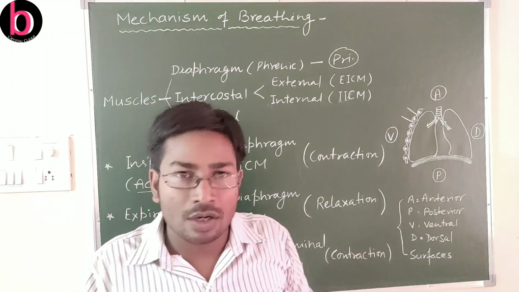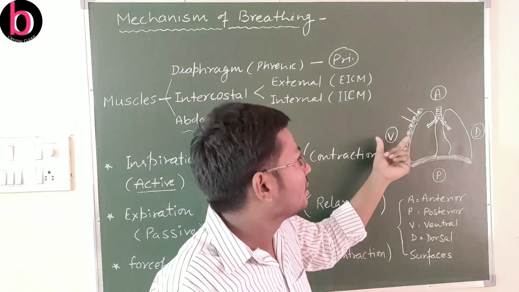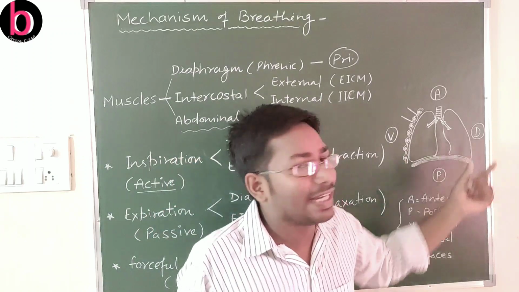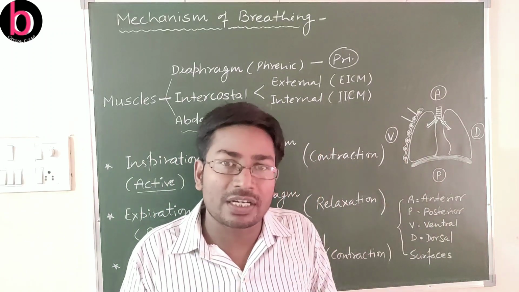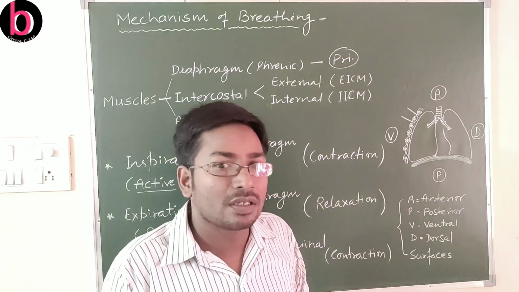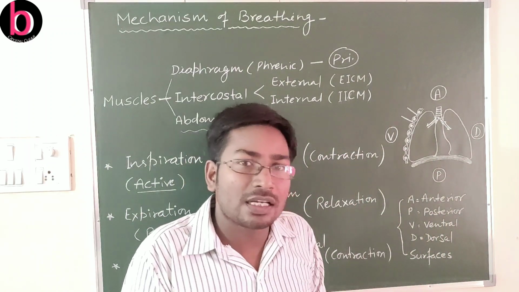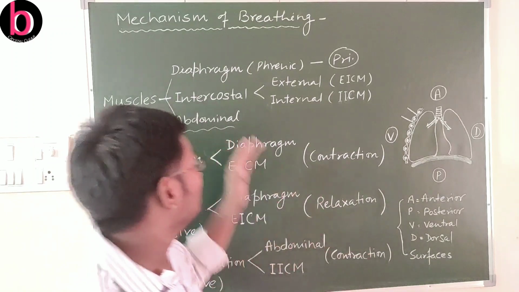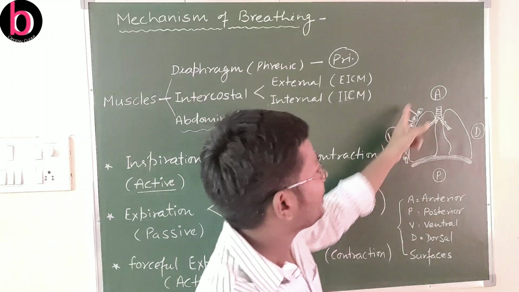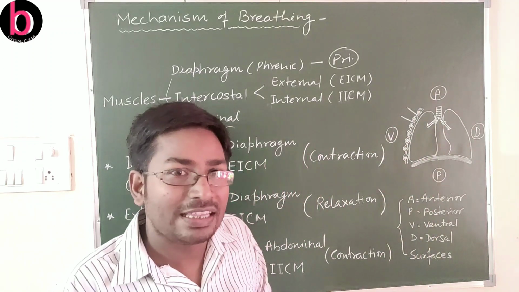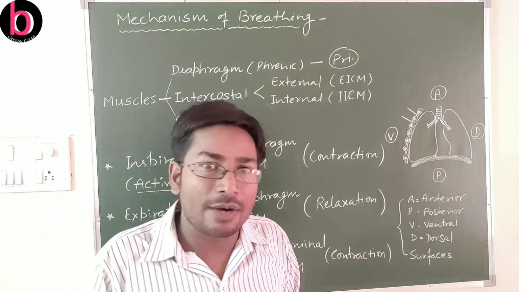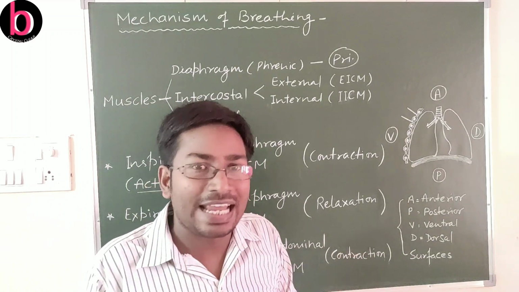Towards the abdomen or front facing of our body, this is the ventral surface, while towards the back side, that is towards the backbone or vertebral column, this is known as the dorsal surface. When there is contraction and relaxation of these muscles, they actually cause changes in these four surfaces. So now, this is the diagram that is given in NCERT.